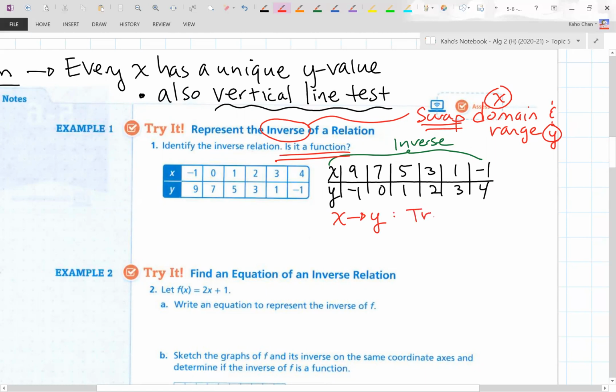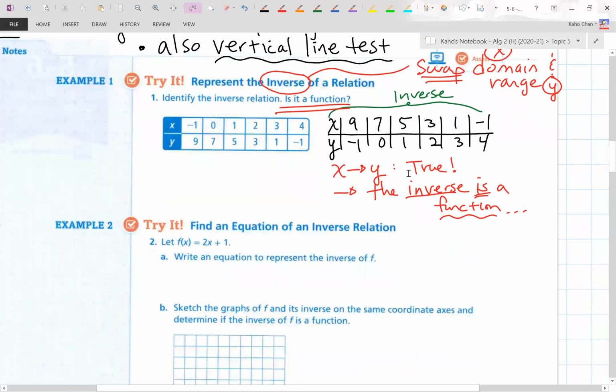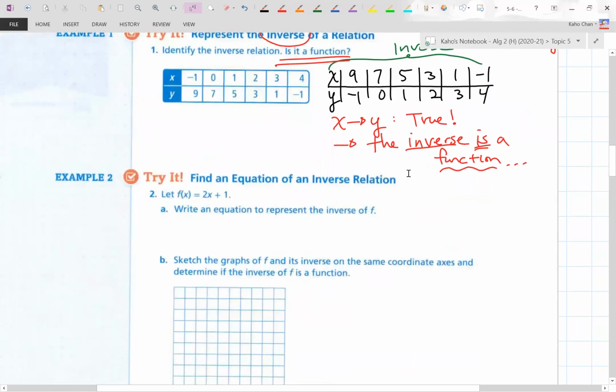This is true, which means the inverse of the function is a function. Meaning there are situations where that is not true. Keep that in mind. It is a function. For number 1. Yay. That was just a table.